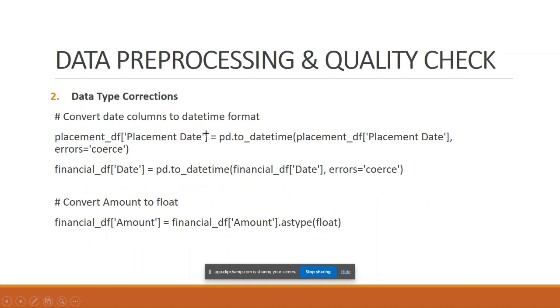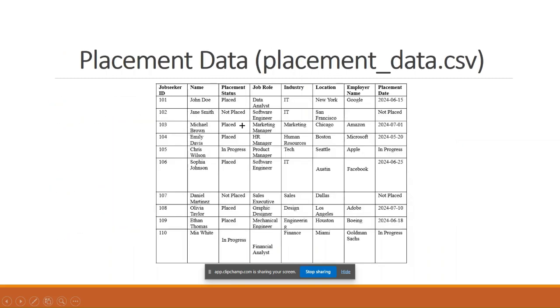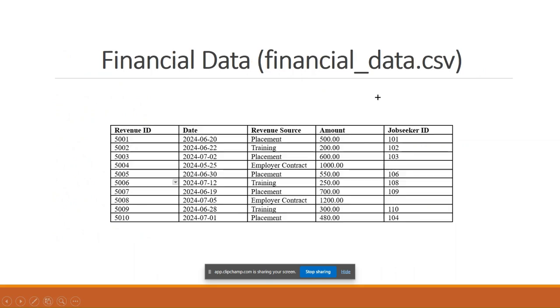The next step is the data type correction. So with various data types, it makes it difficult for operations for analyzing the data sets. As we have noticed, the data sets include a placement date as well as the date in this case.